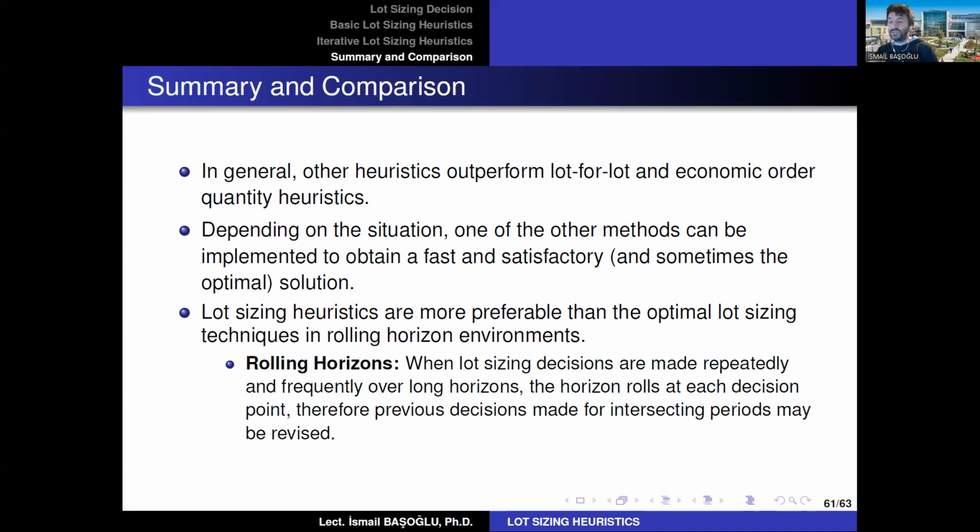So when you are making a lot sizing decision for about 10 weeks, that does not mean the next lot sizing decision will be made at the end of the 10 weeks. Every once in a while you repeat this decision. You basically recalculate your lot sizes based on the current information that you have. Because of that, running optimization algorithms every time is not going to create a big difference. In the end, you are going to update your optimal solutions with the new information that you get. So why should you use so much time or effort for that?